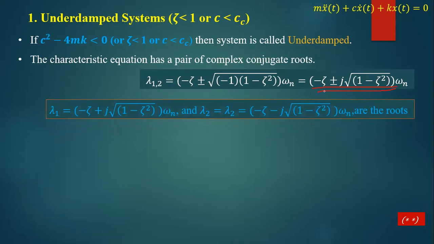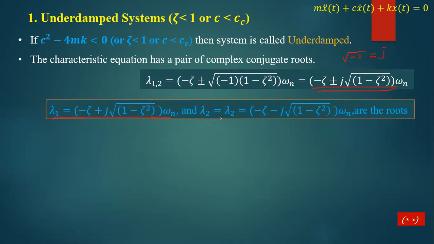J is the complex conjugate representation here, which implies the square root of -1, which is equal to j. Sometimes we can represent it with i or j. So this is lambda 1, that is minus zeta plus j radical 1 minus zeta square, as a whole times omega n.